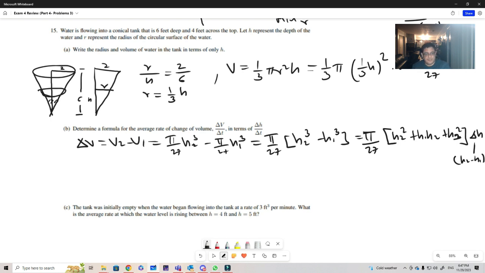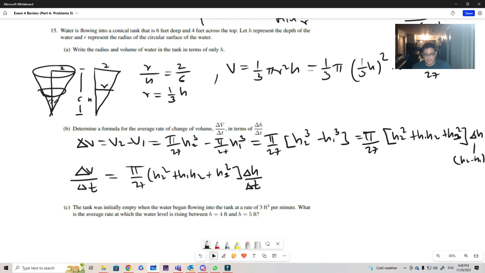Now at this point, we can find the average rate of change. The delta of V over the delta of t is just going to be pi over 27 times h2 squared plus h1 h2 plus h1 squared, times delta h over delta t.